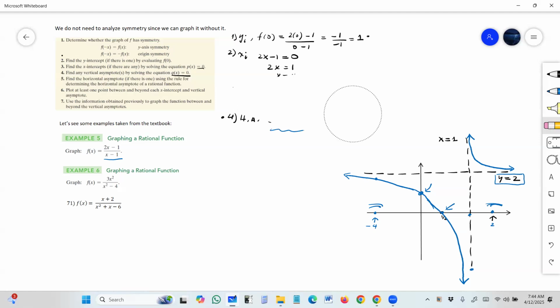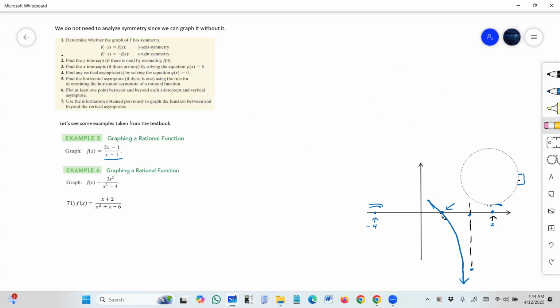Let's take a look at the second one. I'm going to erase it. And again, if you need it, you can always stop the video. We're going to begin by, again, doing the y-intercept first.